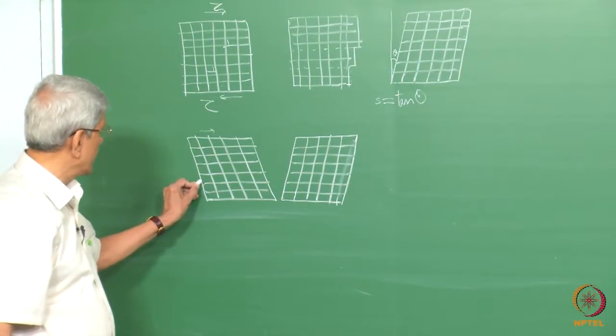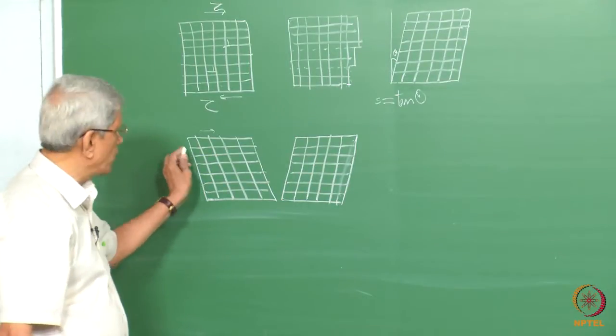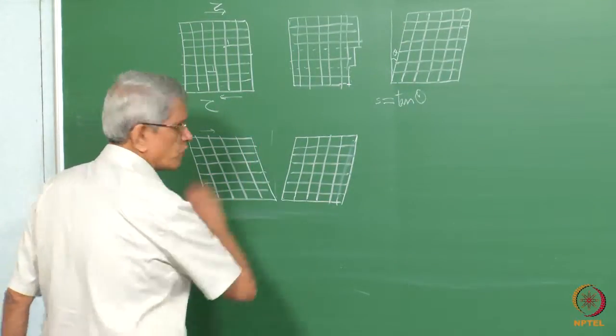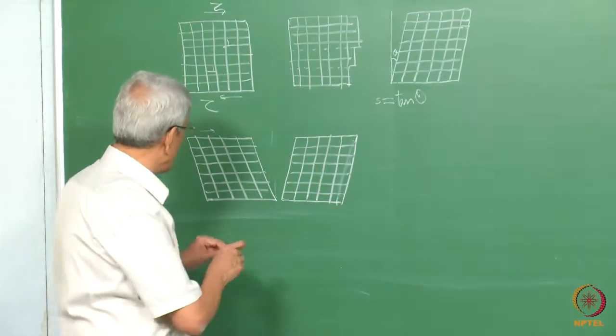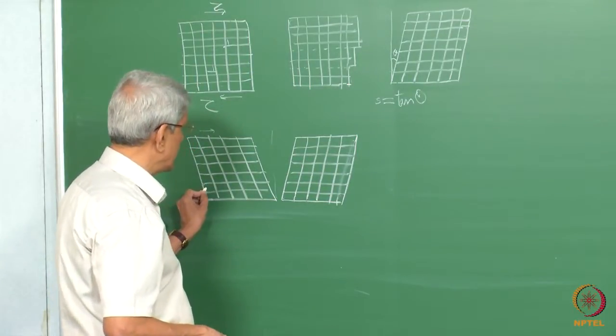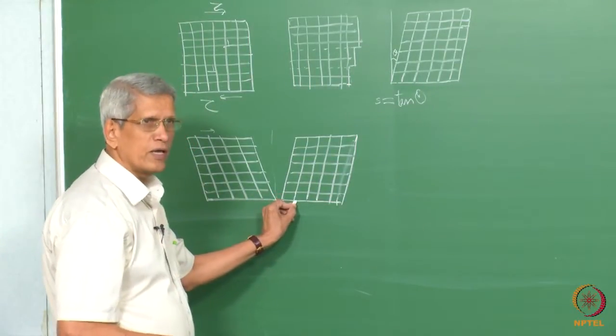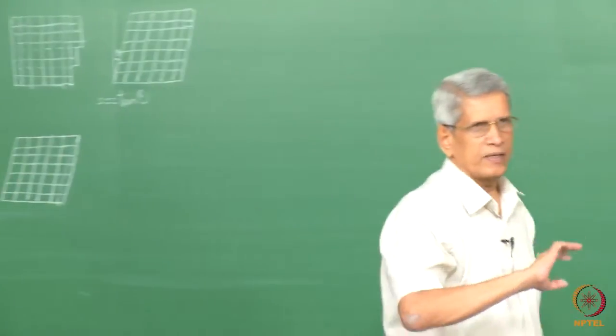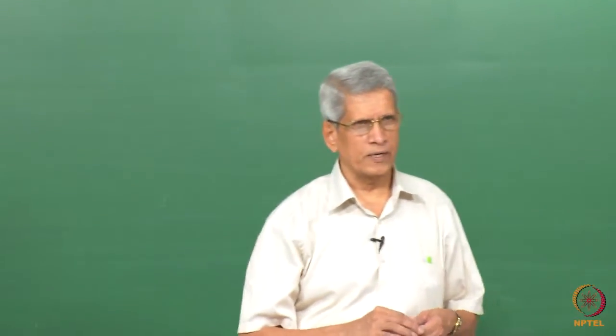Essentially, by application of a homogeneous shear, the shape which was initially like this has been transformed to this shape. Now you look at the orientation of this crystal. It has oriented in a different way, but the crystal structure remains the same. That means that it has gone to another orientation.